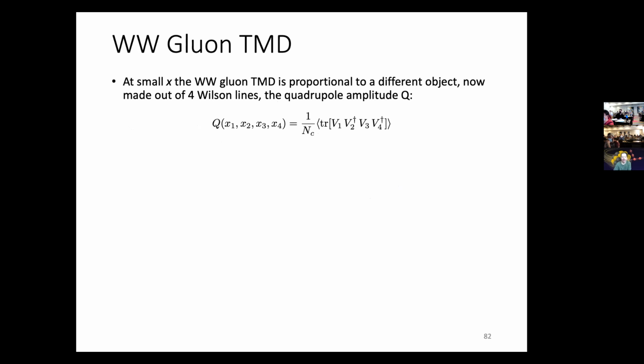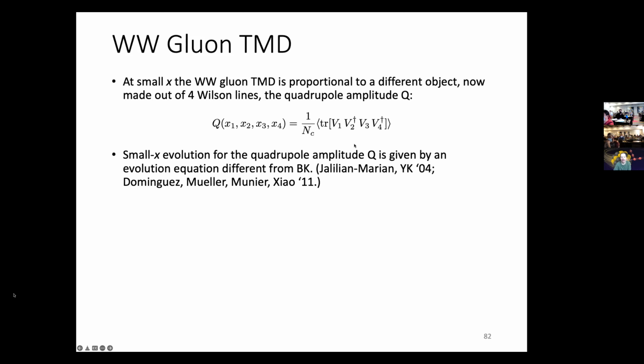Okay, I mentioned here where they can be measured. That's not the point. It turns out that this Weizsäcker-Williams distribution is related to something called the color quadrupole. I mentioned the sextupole earlier today, but you can also make a quadrupole out of 4 different light cone Wilson lines. Each V is an infinite light cone Wilson line at a different transverse position, x1, x2, x3, and x4.